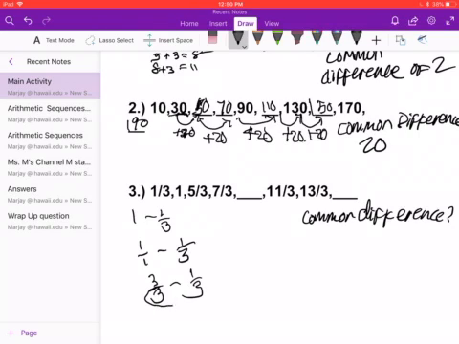Now that they have the same denominator, we can rewrite this as 3 minus 1 all over 3, which is 2/3.